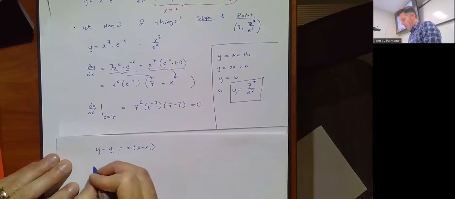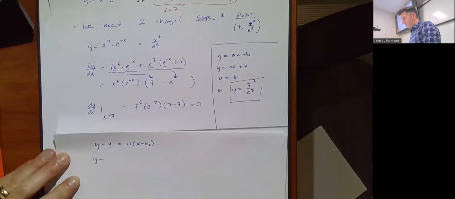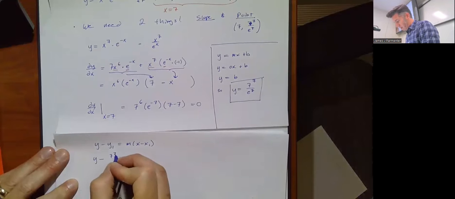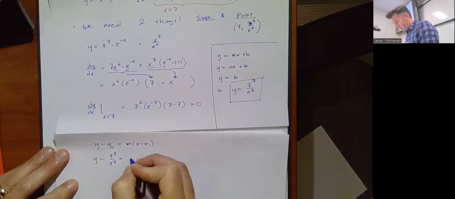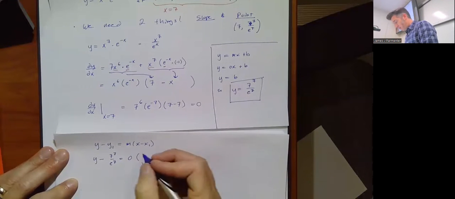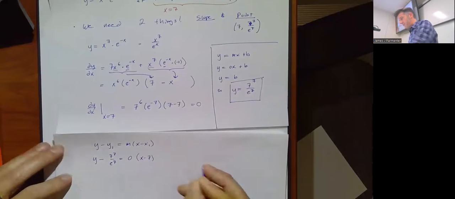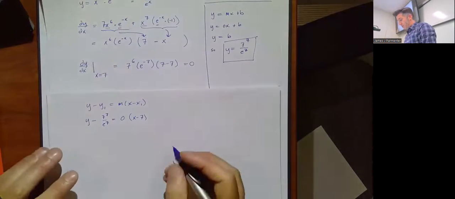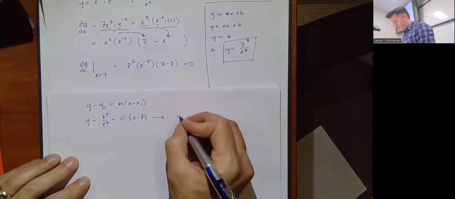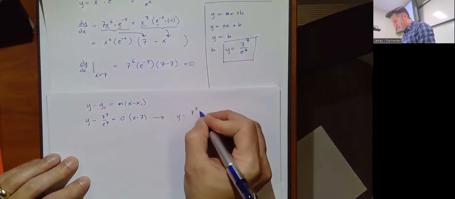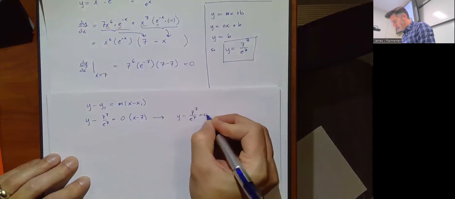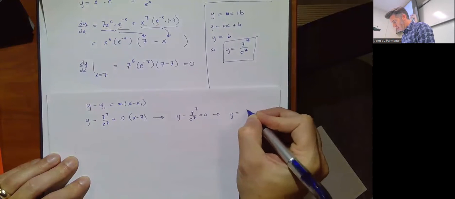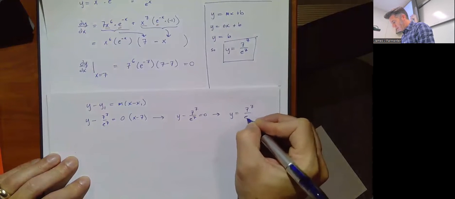Then I would have gotten y minus the y coordinate, which is 7 to the 7th over e to the 7th, equal to 0 times, it really doesn't matter, but we'll write x minus 7. And that's going to yield the same result. This gives me y minus 7 to the 7th over e to the 7th equals 0, which gives me y equal to 7 to the 7th over e to the 7th.